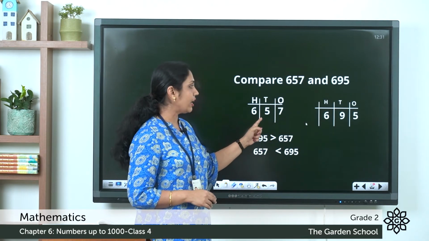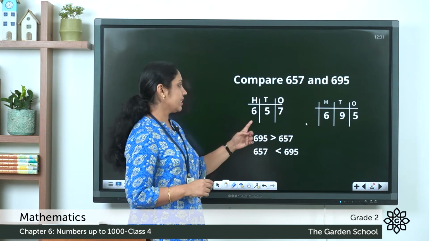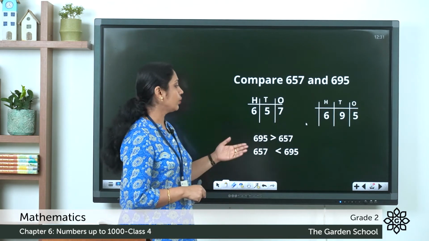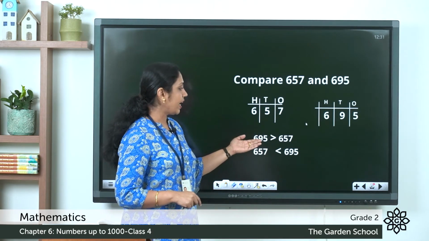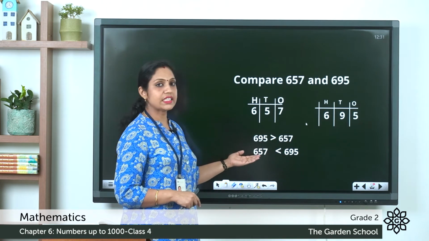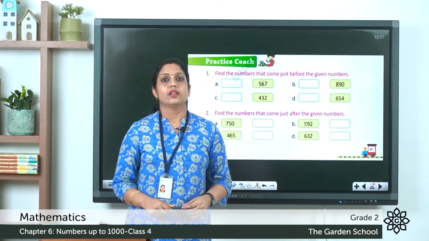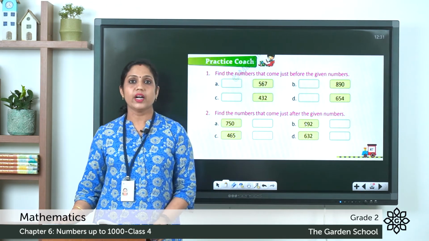So here we have 5 tens and here we have 9 tens. So which is greater? 695 is greater. So we can write it as 695 greater than 657 or 657 less than 695.